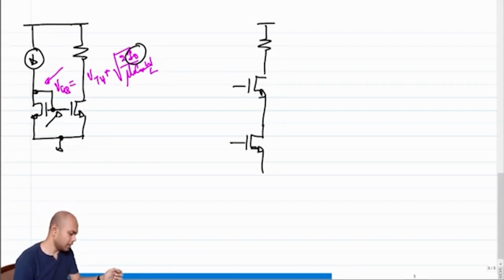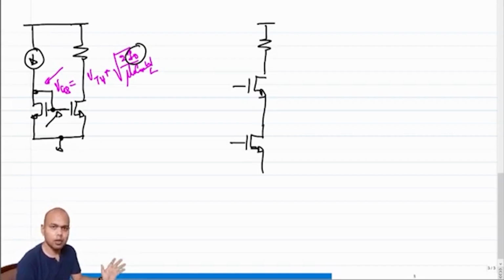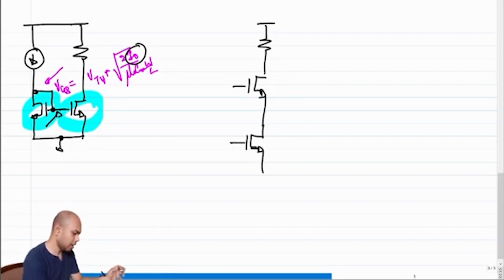So in essence, whatever be the ambient conditions, the quiescent current on both the arms will always be identical, as long as these two mirroring transistors are identical. Hence this is called a current mirror circuit.